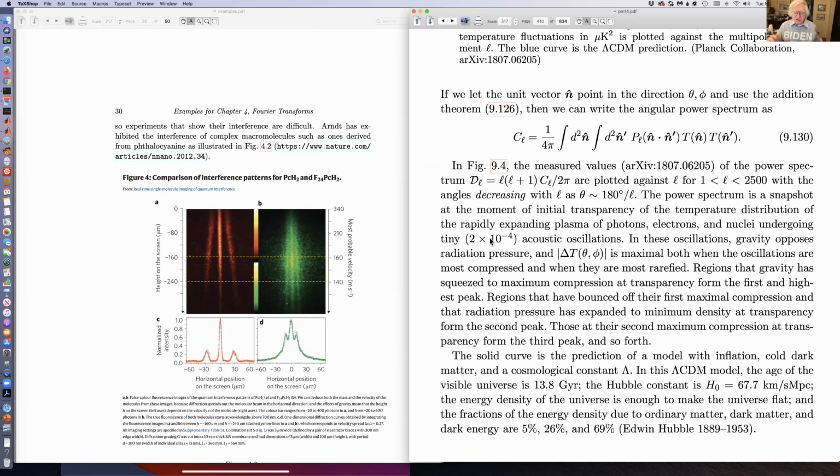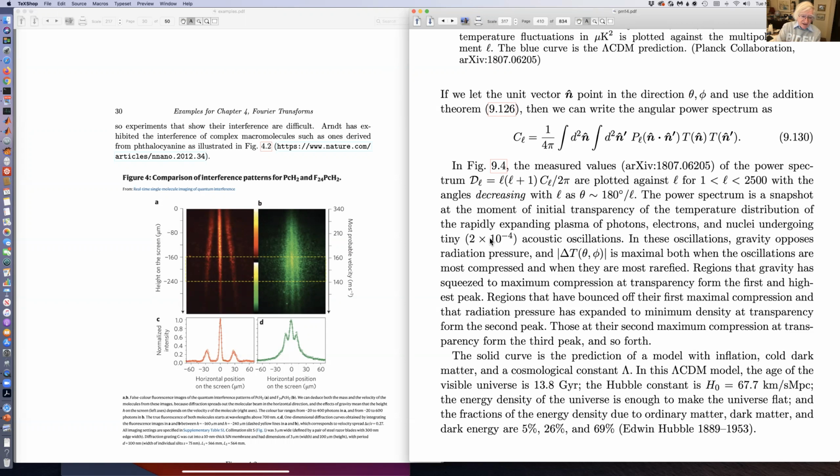So in these oscillations, you've got gravity trying to compress the gas and radiation trying to expand it. And so you can see that if a certain region of gas randomly has a slightly higher density, gravity's been able to compress it, and so that leads to a higher temperature.